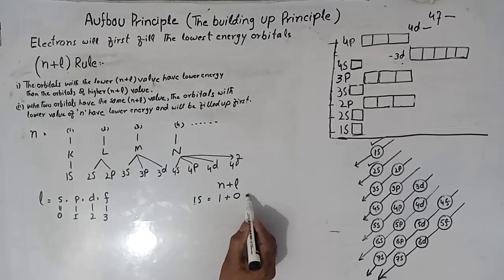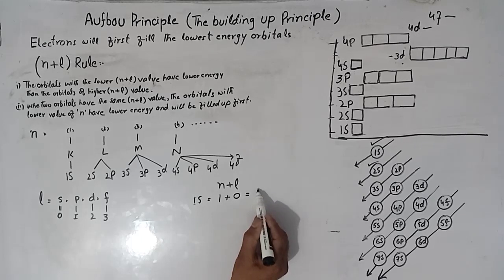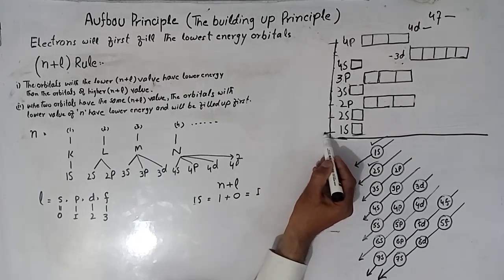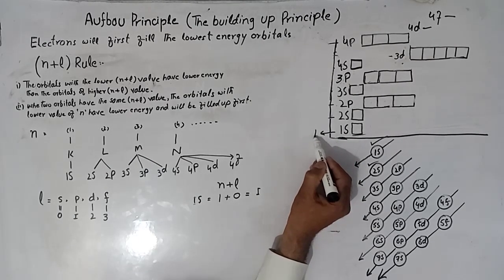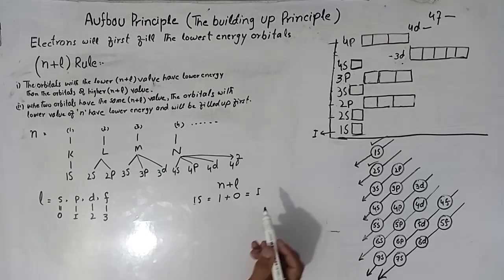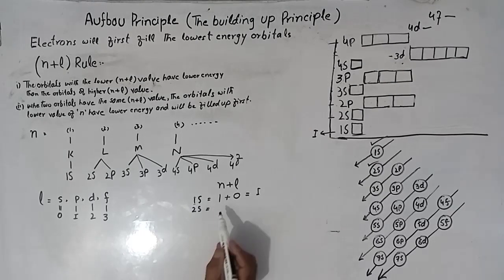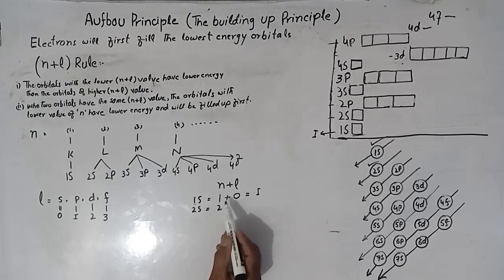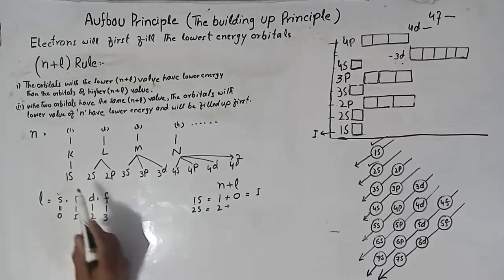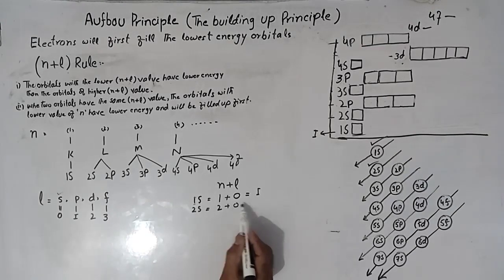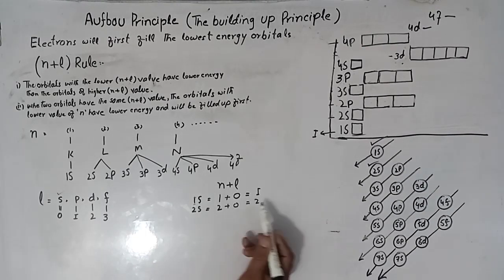Its value will be 1. So now put this value here, 1. Now find out the value of 2s. Write 2 beneath the n and 0 for s. So its value will be 2.